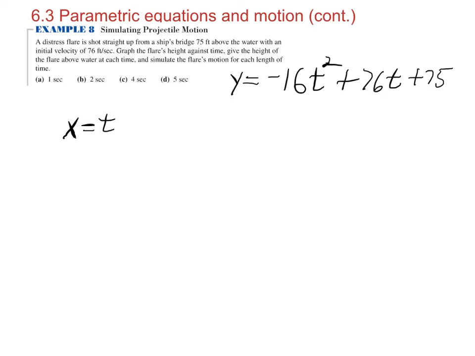That'll be our first x. And then we'll set our first y equal to negative 16 t squared plus 76t plus 75.